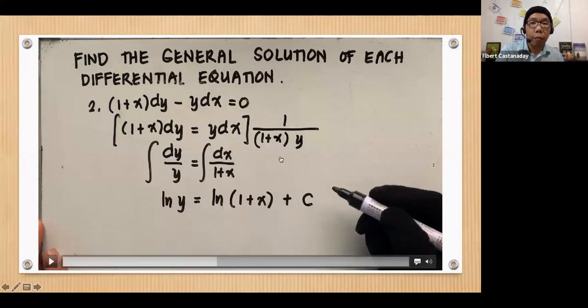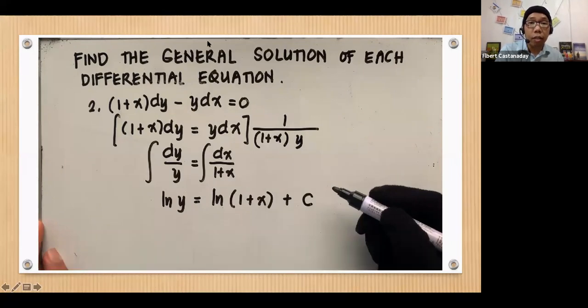Now, let me just solve this one. Okay, so why does this term become ln of 1 plus x? From the formula, du over u is actually ln of u.